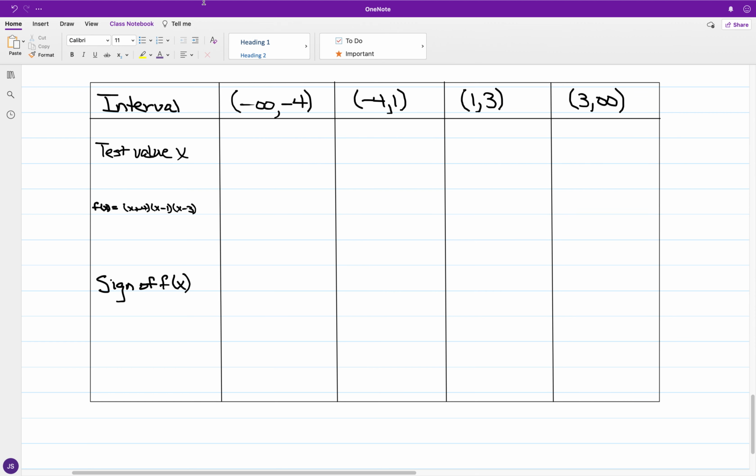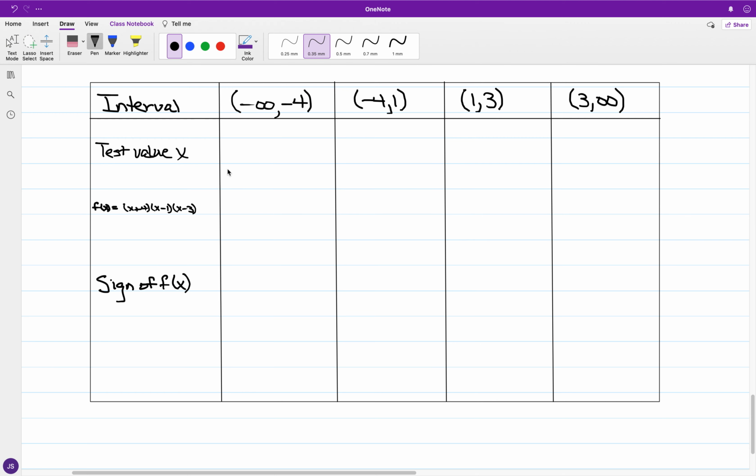So for our tested values, anything selected less than -4, we can go with -5. For values of x between -4 and 1, but not including -4 or 1, we can go with 0. Between 1 and 3, if you select an integer, we can only use the number 2. And then anything greater than 3, 4 is a possibility.